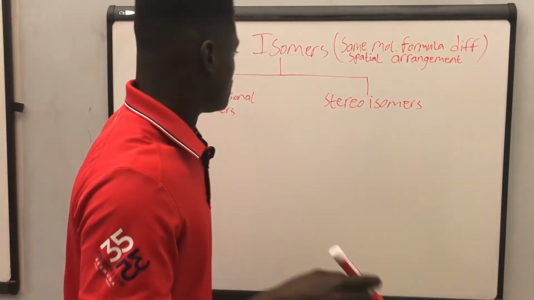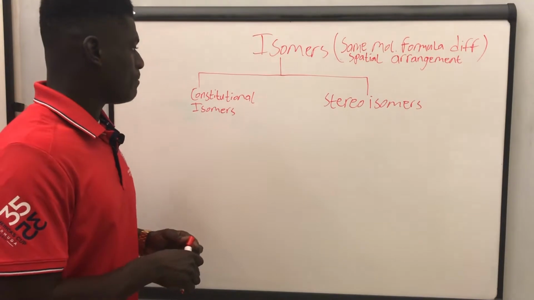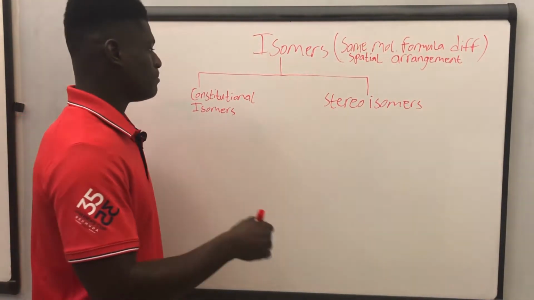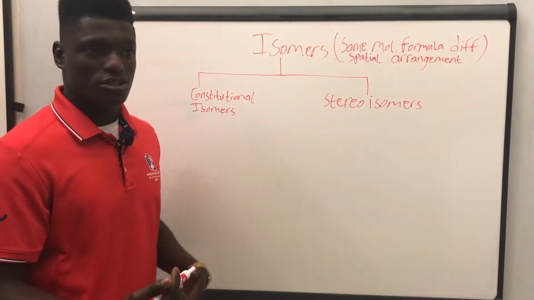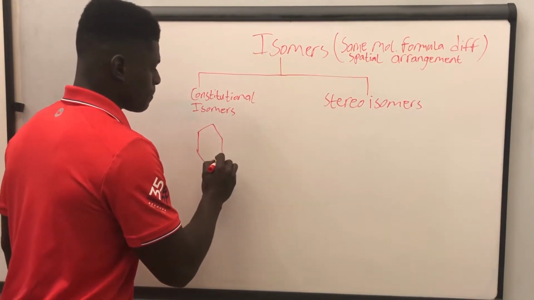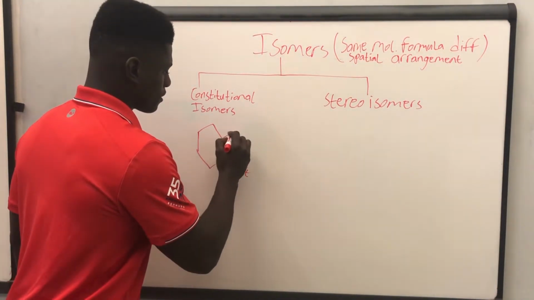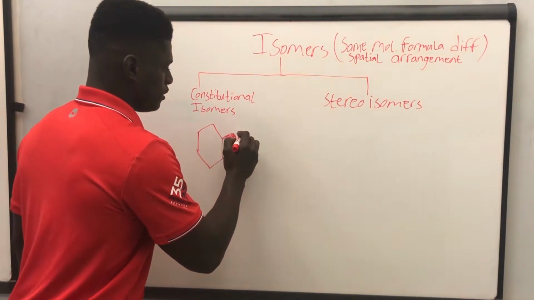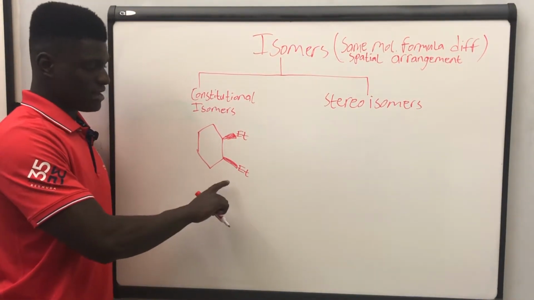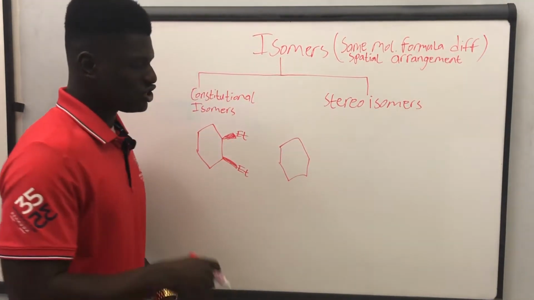So the first type of isomers that we have are constitutional isomers. Essentially what that means is that you have different connectivity with the same molecular formula. An example of a constitutional isomer could be this. Say we put 2 ethyl groups on this cyclohexane molecule, and say we draw another cyclohexane that also has 2 ethyl groups.